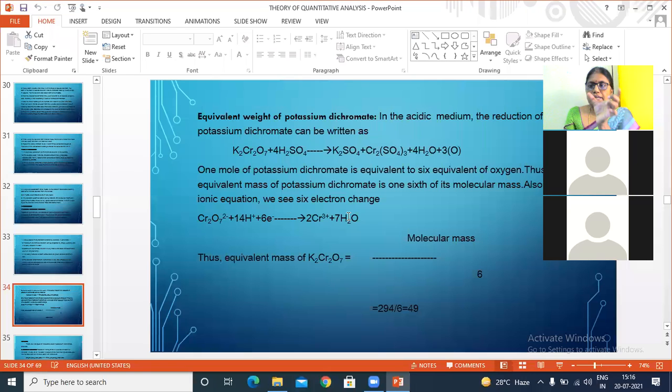Find the oxidation state of the compound whose equivalent weight you are going to find. In both cases, we have to find the equivalent weight. Generally, we should find whether the oxidation state is going to be increased or decreased.